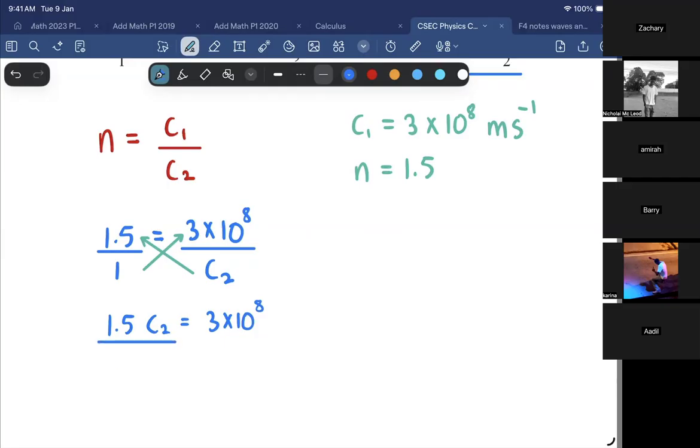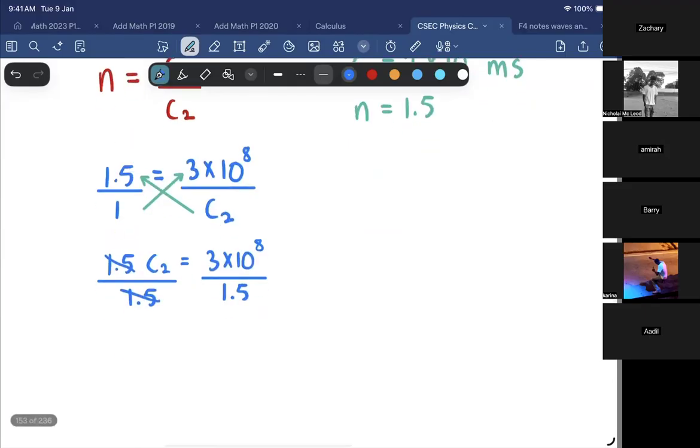Do you understand that the denser the medium, the slower light travels? I think you could see it there because notice we are dividing the speed of light by what? The refractive index. Exactly. So the denser something is, the bigger the refractive index will be, and as a result, it will cause light to travel slower.